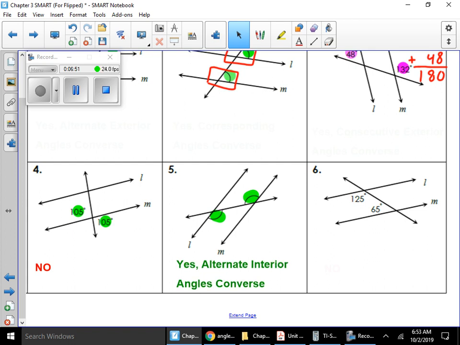Last but not least, looking at number 6, well, now we've got consecutive interior angles. So let's double check. Do those add up to 180? 5 plus 5 is 10, 6, 7, 8, 9, 100, 190? Oh dear. Yeah, unfortunately, those lines are not parallel because our consecutive interior angles were not supplementary.